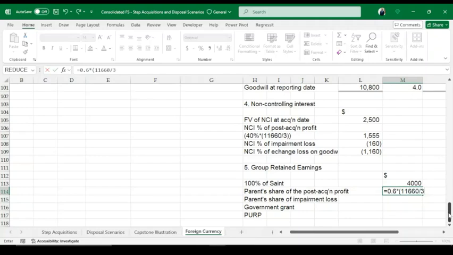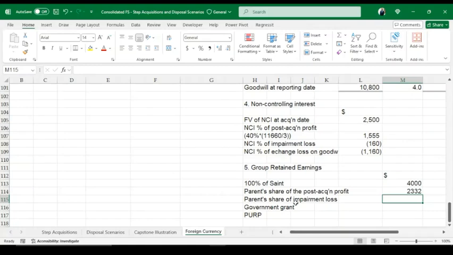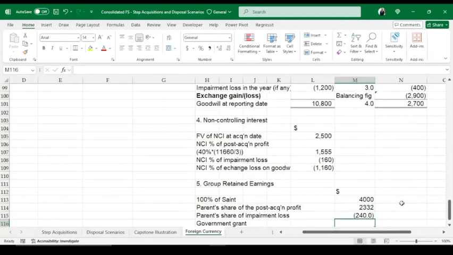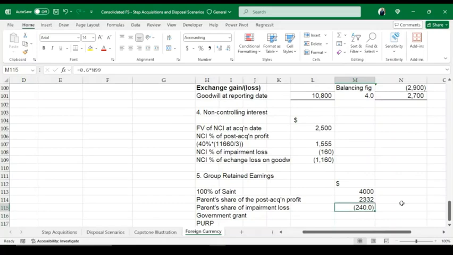We have done that under our NCI calculation, so you can just do that, and that will give me 2332. Then we have the parent's share of impairment loss. That should also be equal to 0.6 times our impairment loss amount, which can be found here as $400, and that will give me 240.